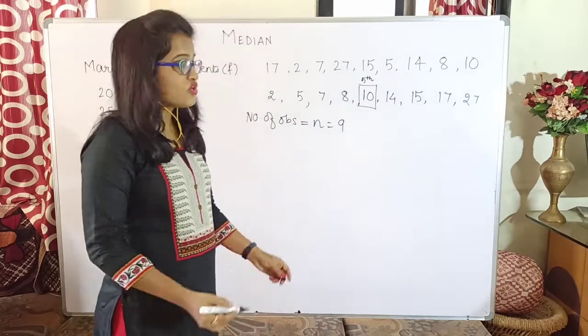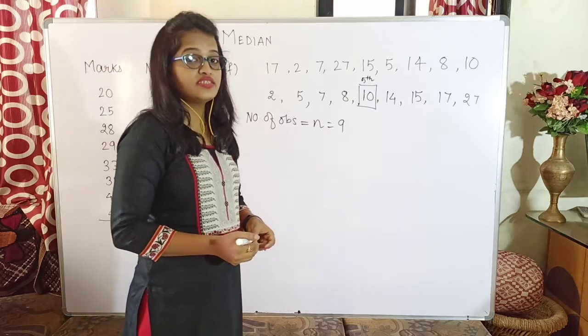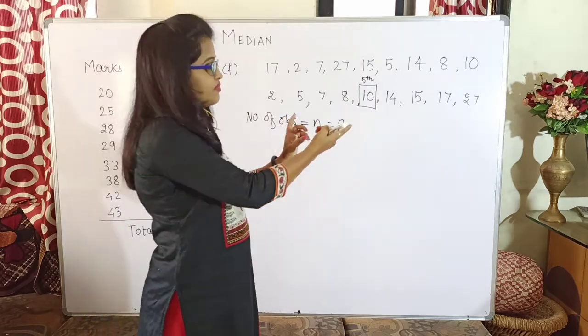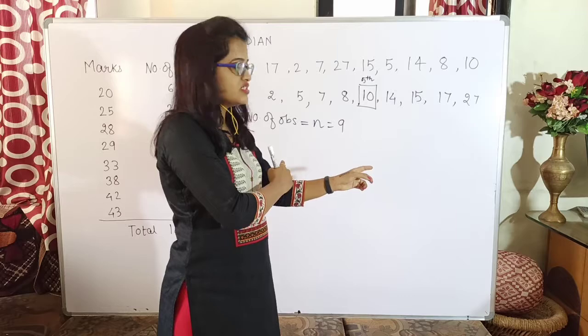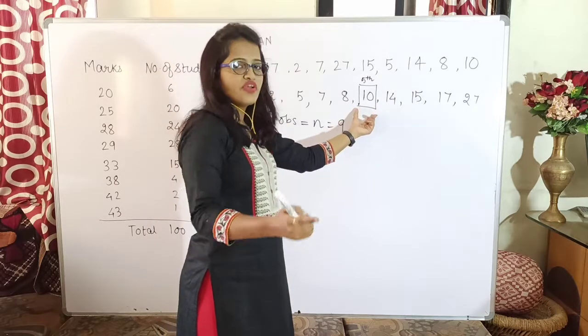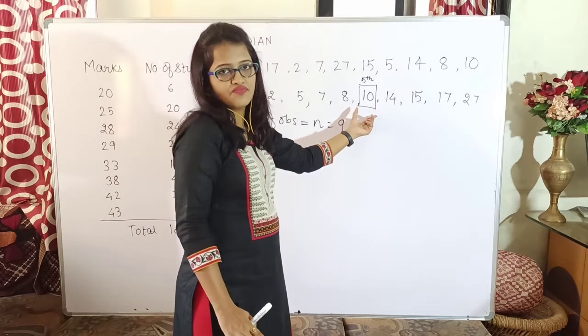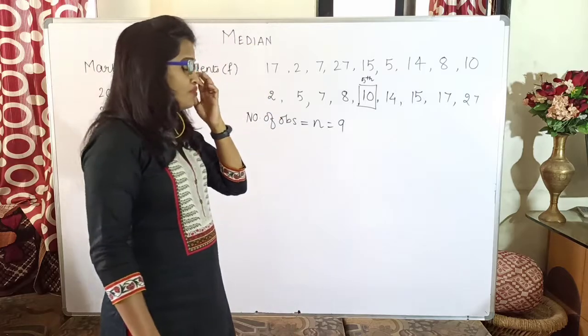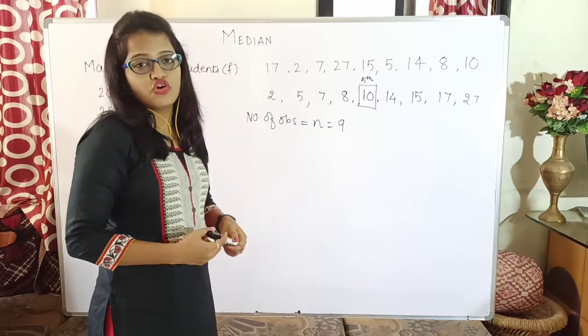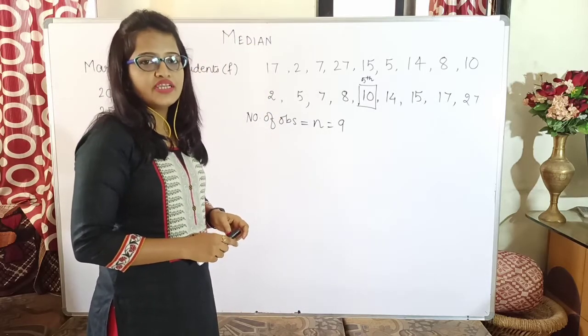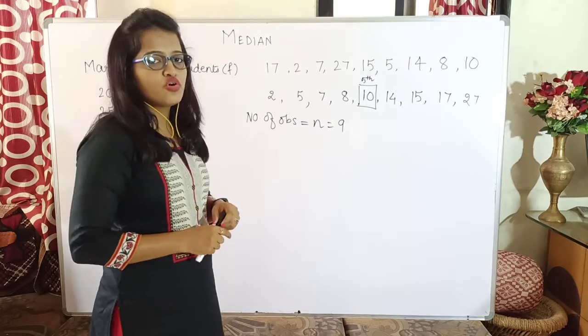Yes, because I have told you, even if you arrange the data in descending order, the data will be completely the inverse of what I have written just now, so the 5th position value will be the same 10 itself. From this we have to derive one formula for finding the median depending upon the given observations.